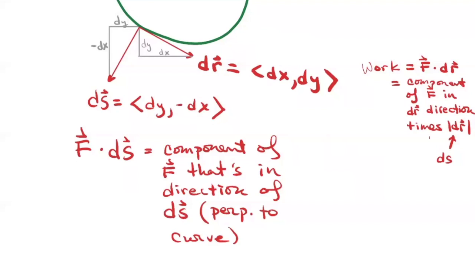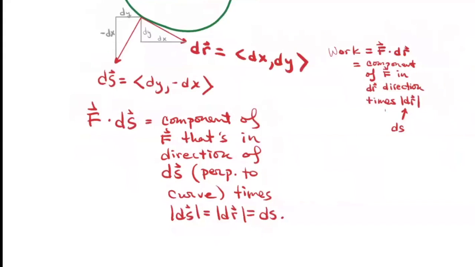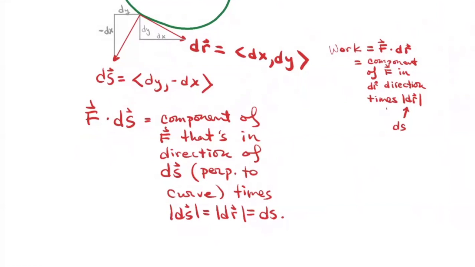And then that's times the magnitude of ds, which is the magnitude of dr, which is the scalar ds. Okay? So F dot dr is work.